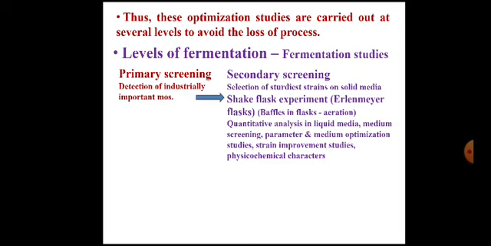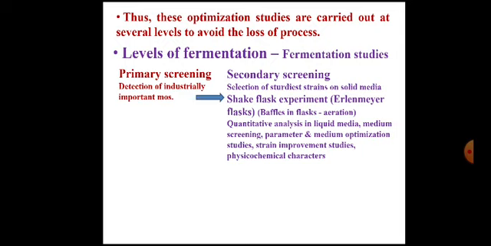The next step in secondary screening is the shake flask experiment. After studying the performance of those strains in relation to productivity and yield on solid medium, these strains are then tested in liquid medium. Therefore, these experiments are called shake flask experiments.